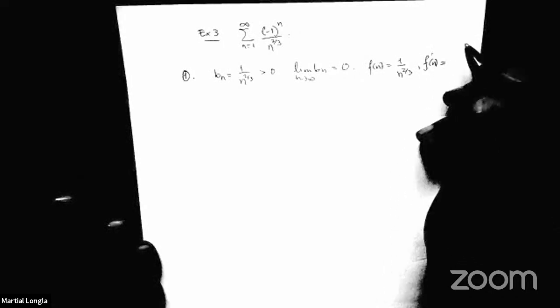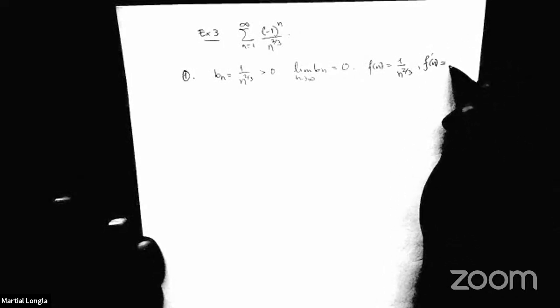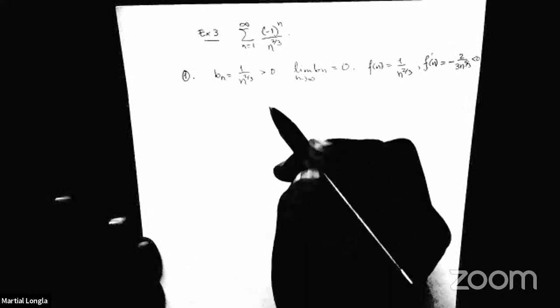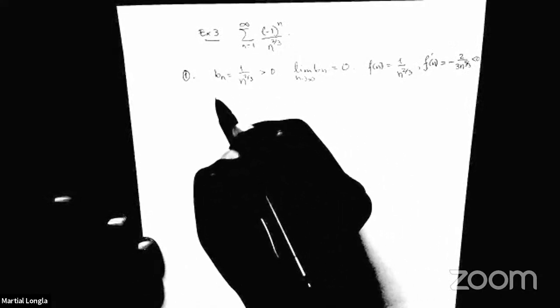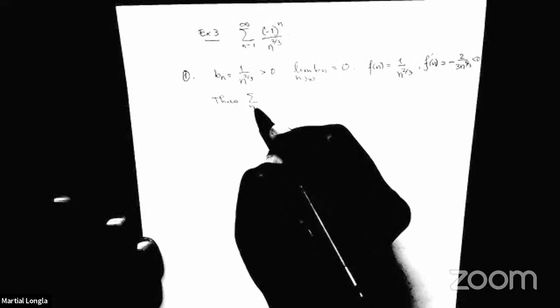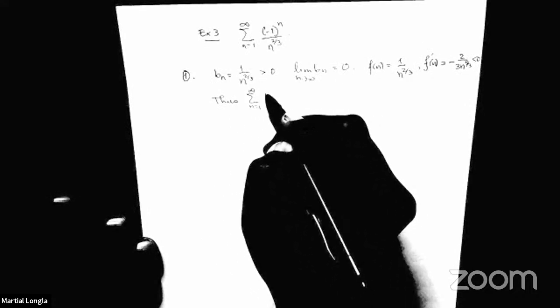So the derivative, this is a power rule, and you have -2 over 3n to the 5/3. Yeah, that's right. And you can see that the derivative is negative because it's -2/3, and then this is a positive number as well. Therefore, you conclude that the series is converging.